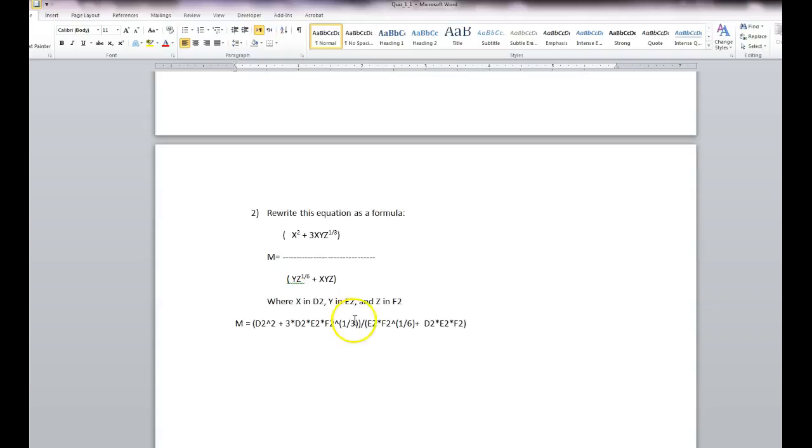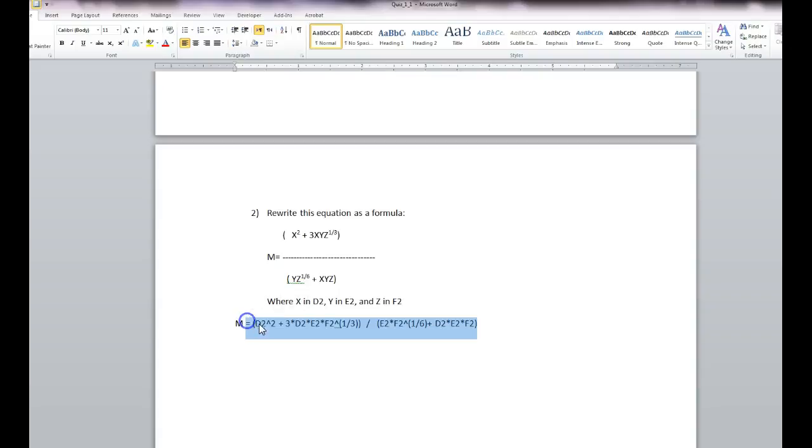Notice this is the division, so everything has to do with this one here is being converted into a formula. This is an equation from a scientific field, and we were able to convert it into basically this one here.